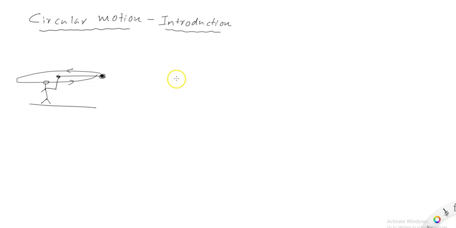Another example you can think of is planetary motion. For example, here's the sun, and here's a planet, let's say Earth, moving around the sun. It goes in an orbit like this. It's an elliptical orbit. It's not exactly a circle, but still it goes in a circular path.